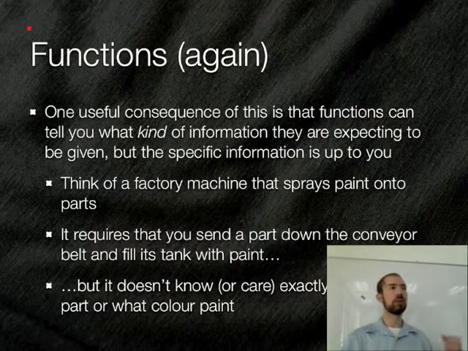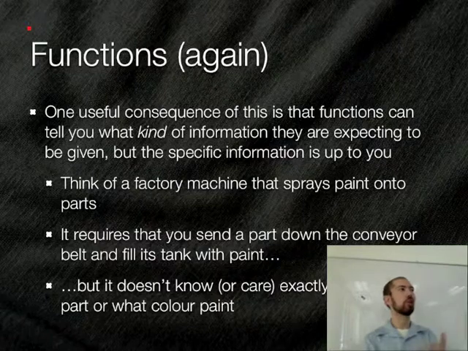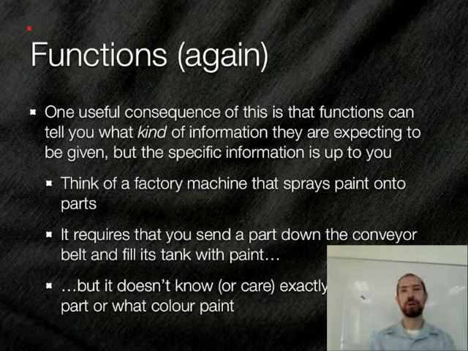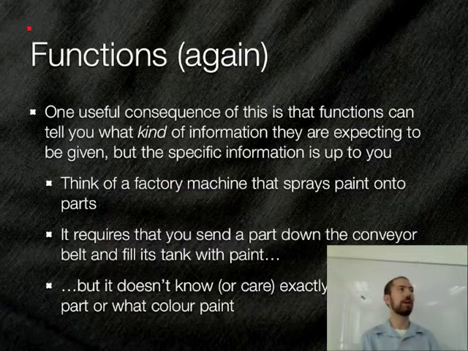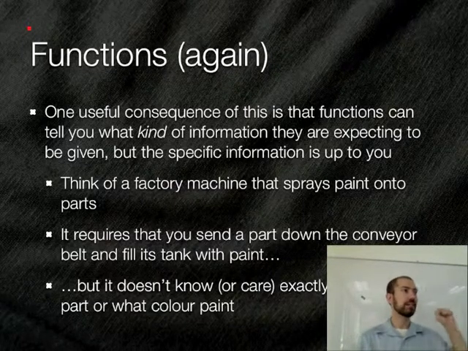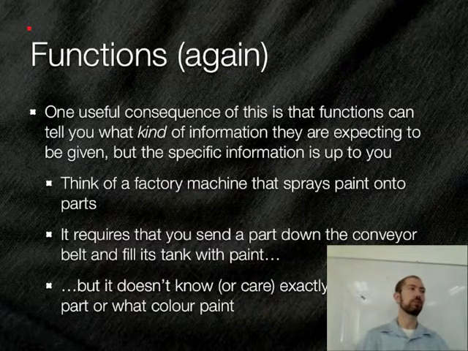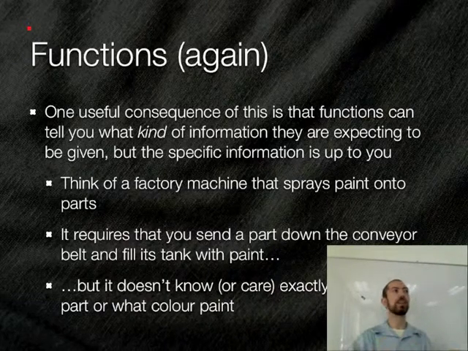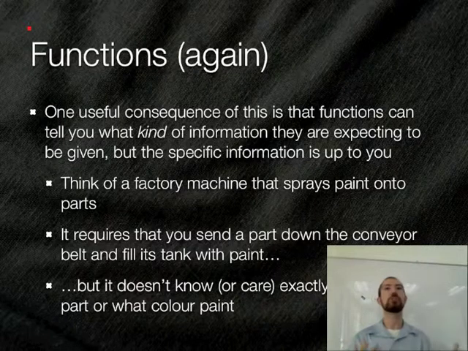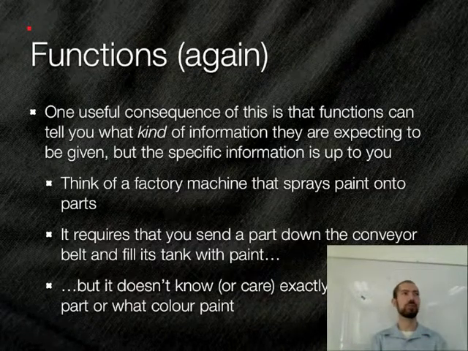So, you may be calling this part a car bumper in the color red, but the function doesn't care that it's a car bumper and the paint is red. The function just says, this is the part, this is the paint. Paint goes on the part. That's all I need to worry about. And what exact information you send into me is up to you. Does that kind of make sense to people?